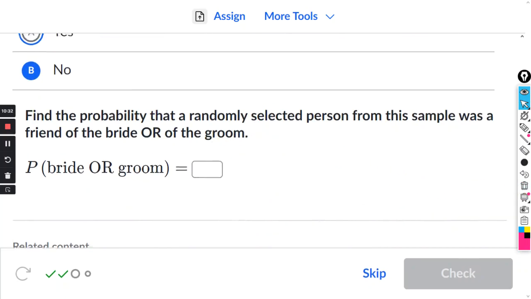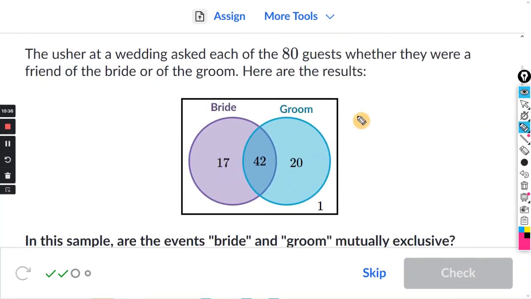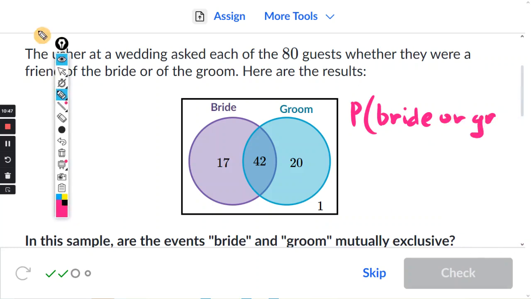Find the probability that the person was a friend of the bride or groom. This one is actually easy. The probability that the person was a friend of the bride or groom. If you look at the Venn diagram, there was 80 guests, so I know 80 is going to be in the denominator.